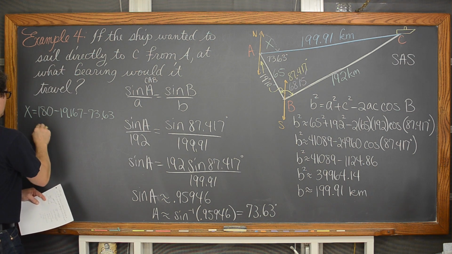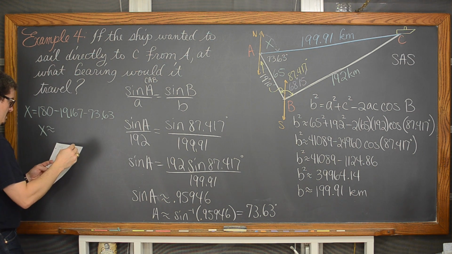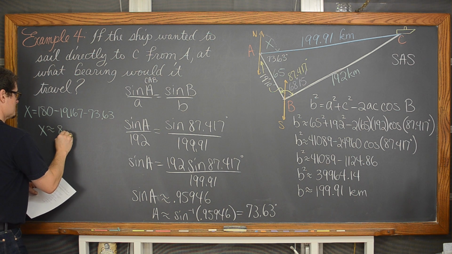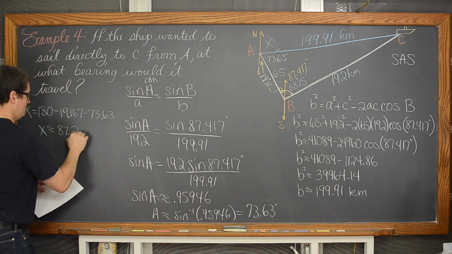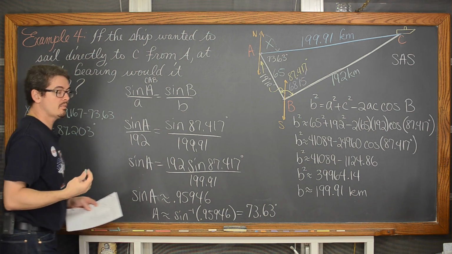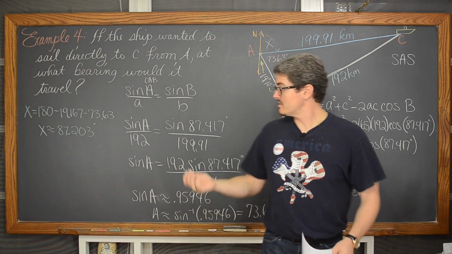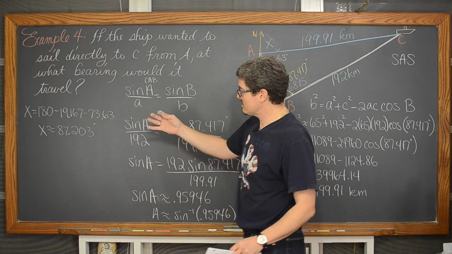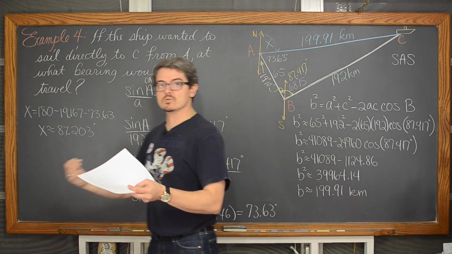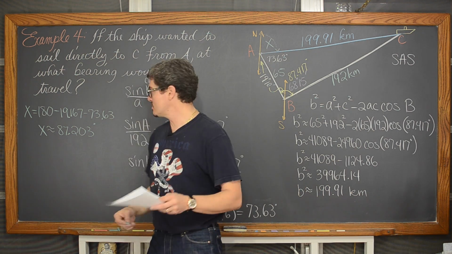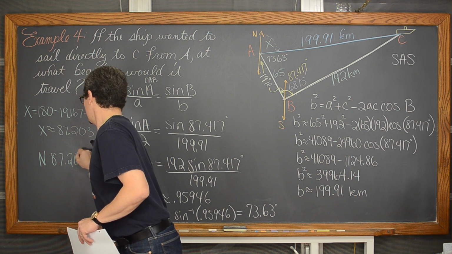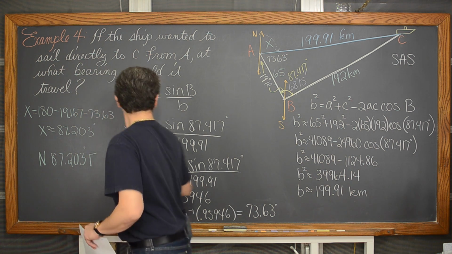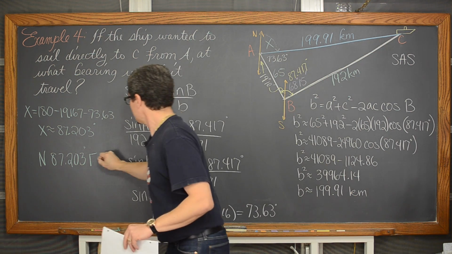And so X is approximately equal to 87.203. And so my bearing, you can say, is 87.203 degrees. And if you want to write it in that northeast relationship, it's going to be north 87.203 degrees, and we're going towards the right, so that is going to be east.